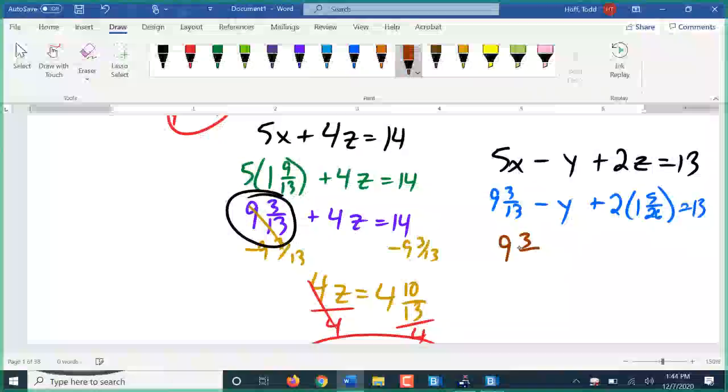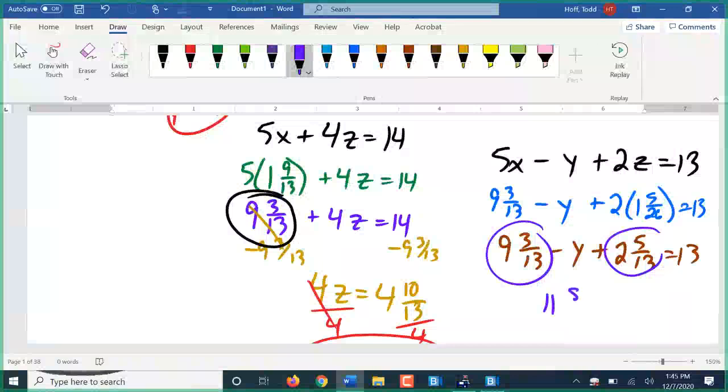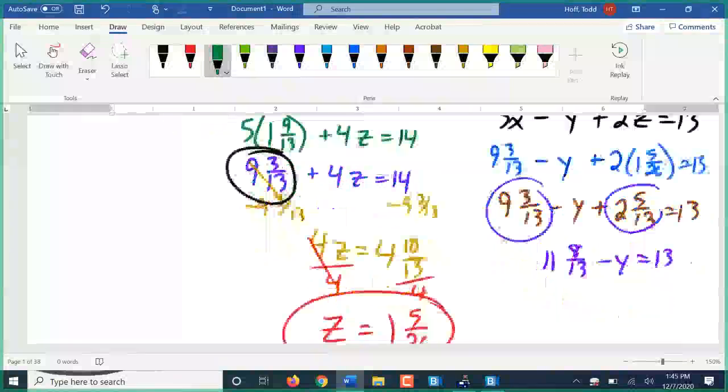So I have to do 2 times 1 and 5/26. That is 2 and 5/13. I am going to add 9 and 3/13 and 2 and 5/13, which makes 11 and 8/13 minus y equals 13. I subtract 11 and 8/13.